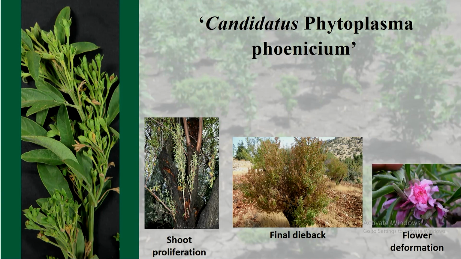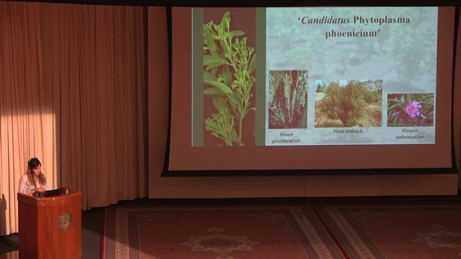The most characteristic symptoms associated with almond witches' broom on the almond tree are short proliferation on the main trunk and general decline of the tree with final dieback. In the case of nectarine and peach trees, the first symptom is early flowering and flower deformation.